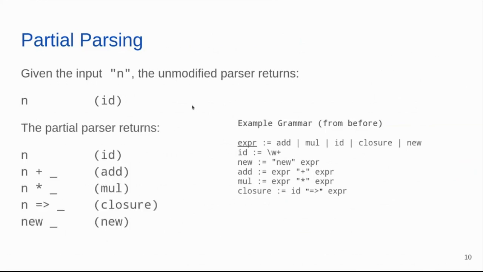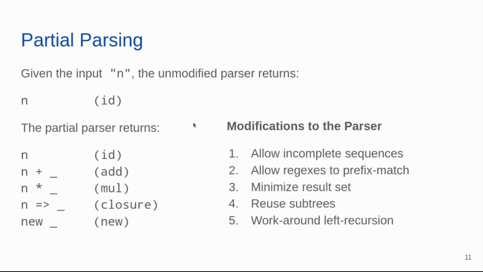For the partial parser, contrarily, we want these 5 results. How we get there, we will see through the first 2 steps, and then the last 3 are secondary concerns that are also relevant for this implementation. So it's mostly going to be allowing incomplete sequences to still produce a valid parse tree.